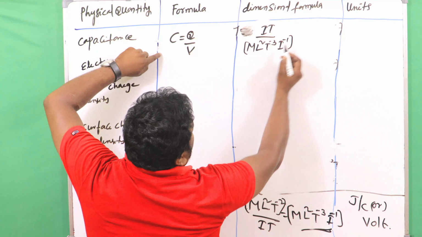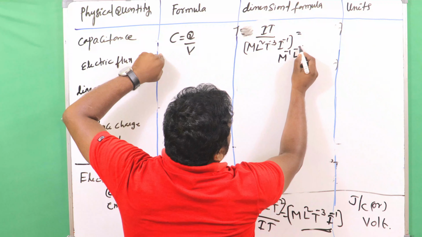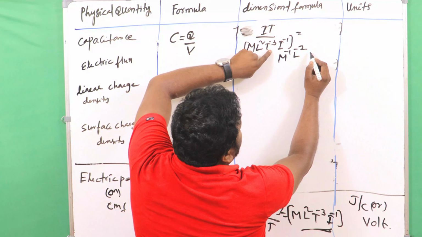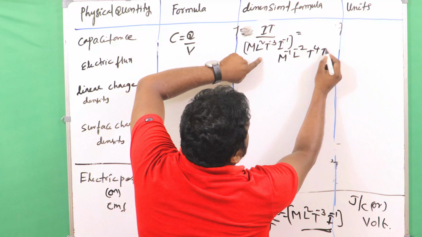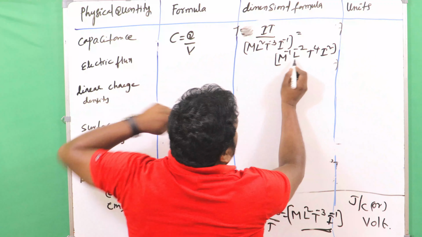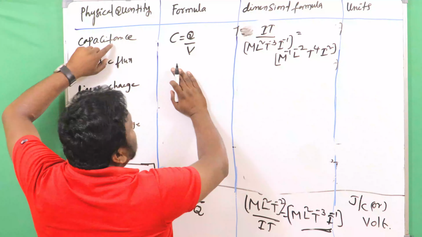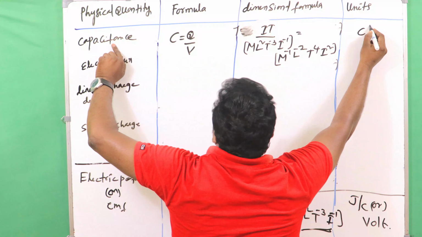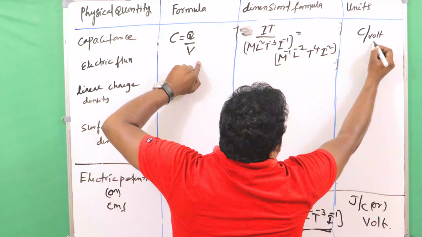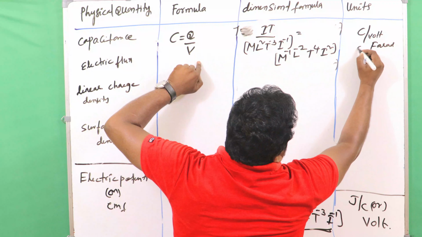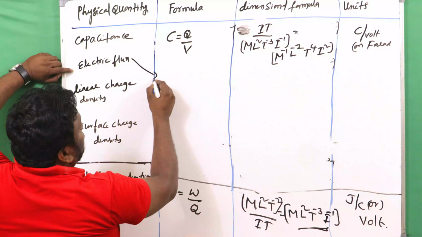Then obviously you write M⁻¹ L⁻² T⁴ I². It is the dimension formula of capacitance, and the unit is coulomb per volt. They also call it farad or microfarad.